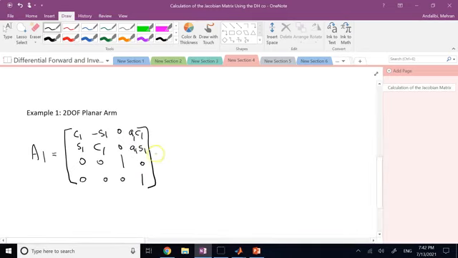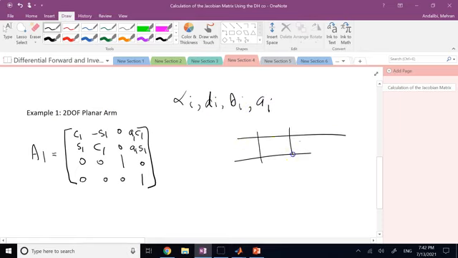And getting these A's is not hard because, if you remember, it has a general formula based on the 4 parameters, alpha_i, d_i, theta_i, and a_i, correct? Each row in that table has all of these 4 numbers, and then A in general was based on these 4 parameters. The last row is always 0, 0, 0, 1, so it's only these 12 components that are formulated based on these parameters.